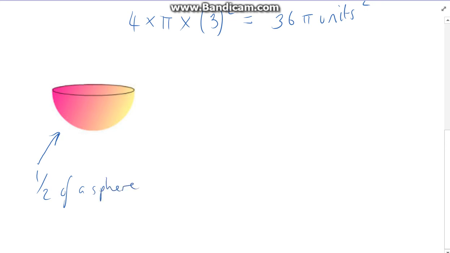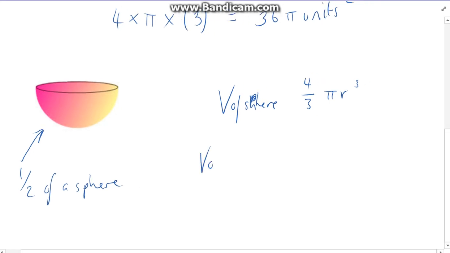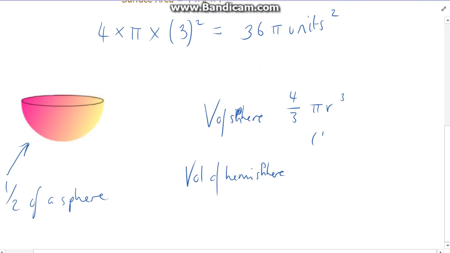So if we think of our volume of a sphere, it is 4/3 pi r cubed from our log tables. So our volume of a hemisphere is going to be half of 4/3 pi r cubed. So in your log tables, or in your calculator, if you put a half by 4 over 3, that's going to give you 2 over 3.